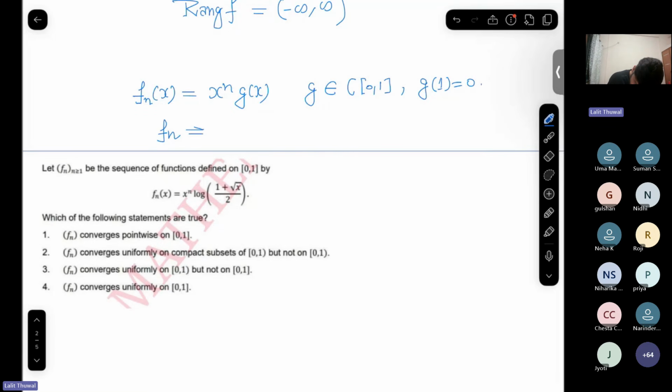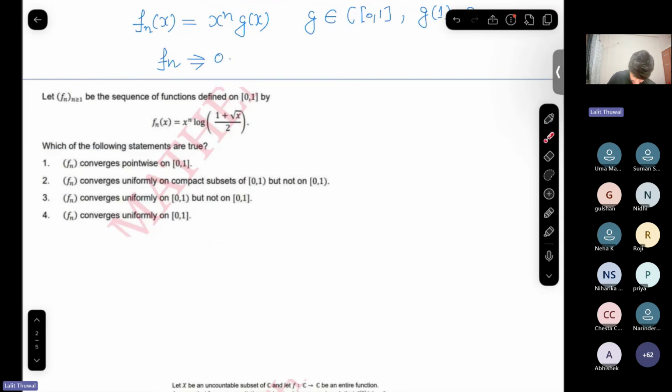Here g is a continuous function vanishing at 1, so you can prove it using the continuity of g. See, what this question says is: let f_n be a sequence of functions defined on the closed interval [0,1] by f_n(x) equals x to the power n log of 1 plus root x by 2.